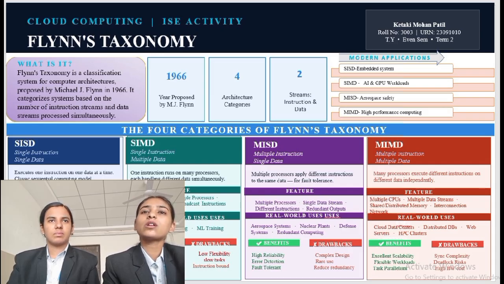It has some features: it has only one control unit, and there are many processors used to perform multiple tasks, applying the same instruction on different data items. Coming to its advantages, it has high speed, meaning we can process a large amount of data items simultaneously.